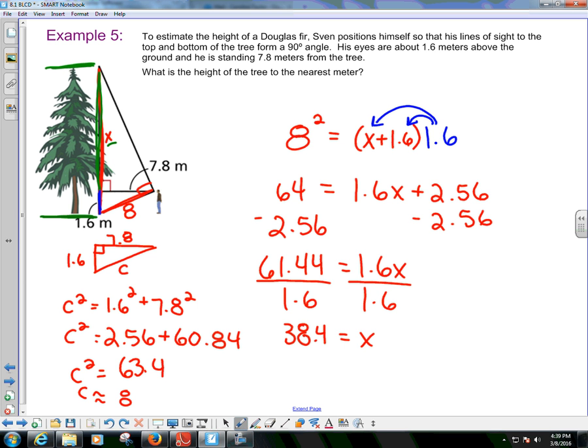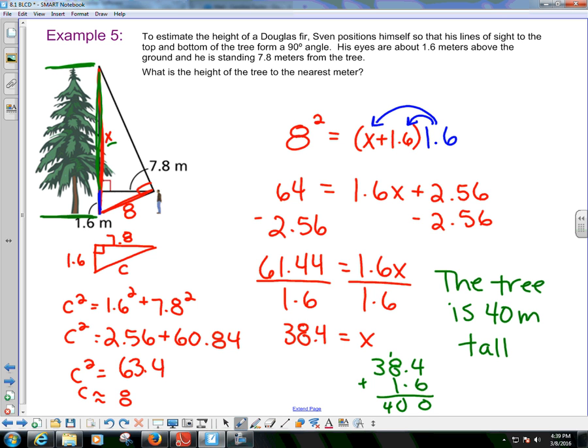So the height of the tree is going to be 38.4 plus 1.6. So the tree is 40 meters tall. Yay! All right. Pat yourself on the back. That's a lot of work that we just did.